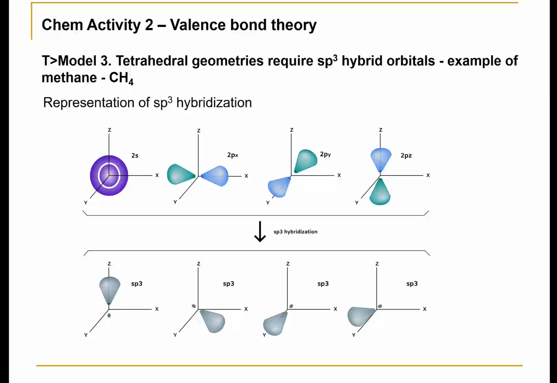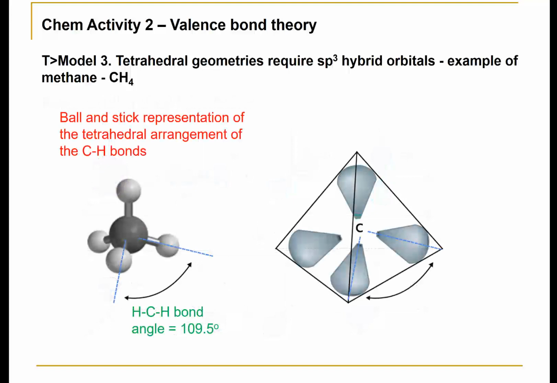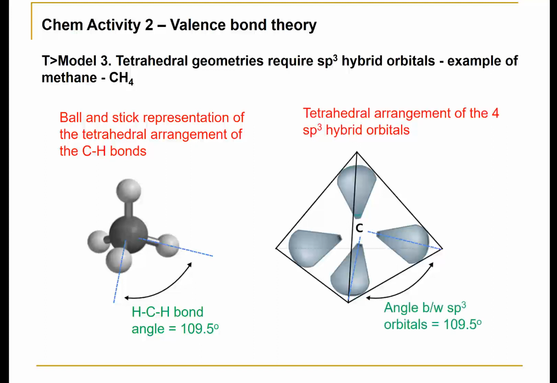So now back to this original slide, what I'm trying to show on the right here is the four sp3 hybrid orbitals arranged in a tetrahedral geometry. Of course, the bond angles between these sp3 hybrid orbitals would be 109.5. So our valence bond theory is now consistent with the experimental evidence that we have.